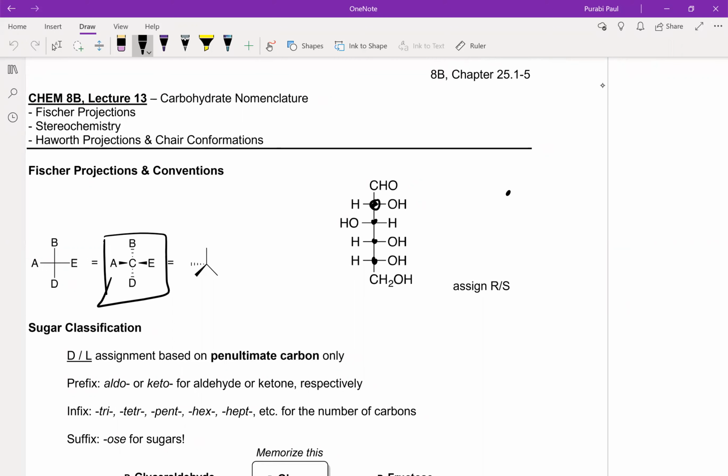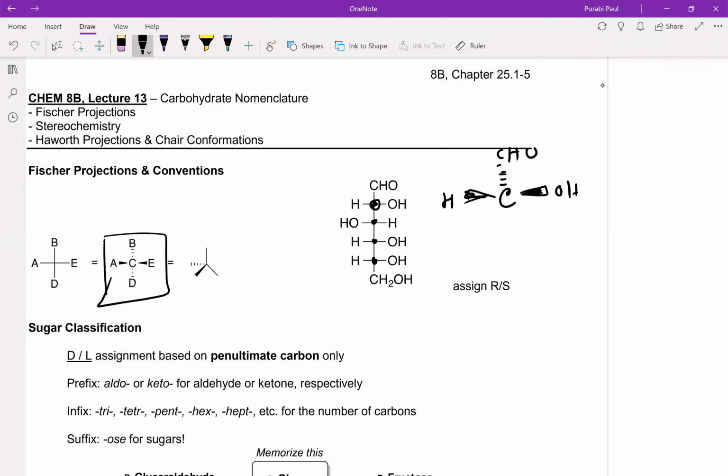So here you have the carbon, and I'll just draw the carbon right here. On the sides, on the left you have H, on the right you have OH. Going up you have your aldehyde, CHO.